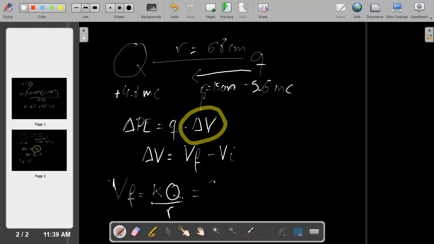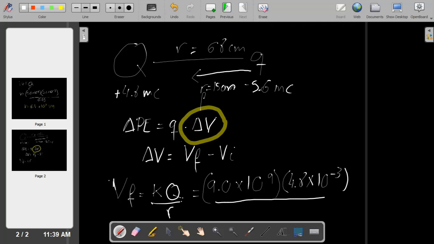We need 9.0 times 10 to the 9. I'm not putting units because it will take too much space. I know that my units here are incorrect, so I need to change that to coulombs by multiplying by 10 to the minus 3.